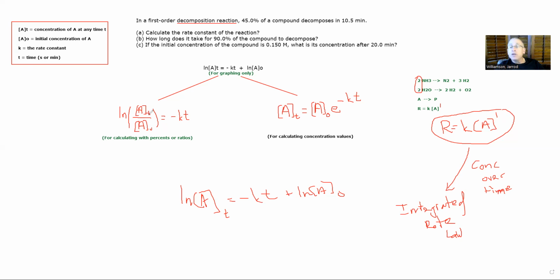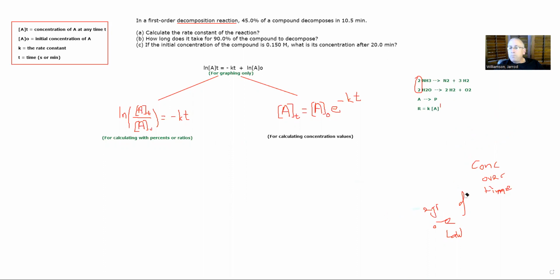I demand that when you do calculations with percent or ratios, you use this form. Don't use this. And when you're calculating for concentration values, I demand that you use this form. If you use this, you're going to mess up. Okay? So I'm going to show you guys how to do that. What I'm going to do is erase this stuff here.